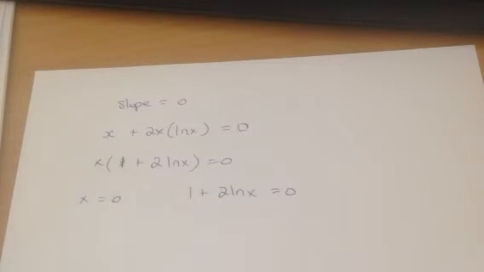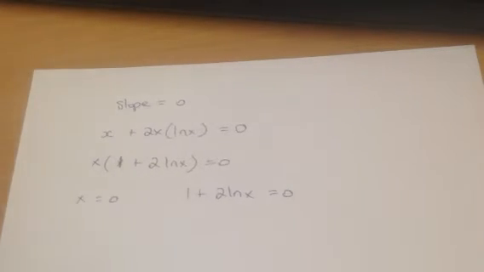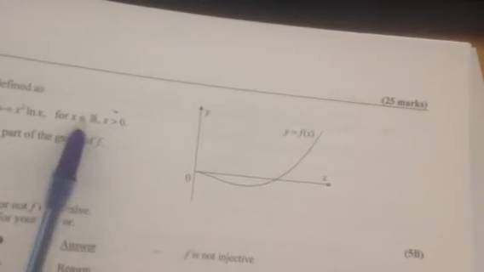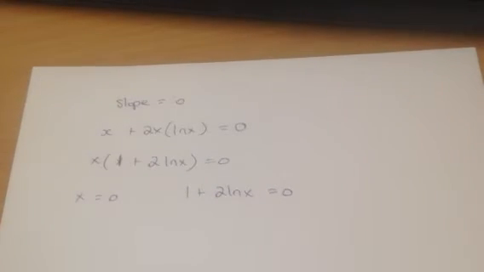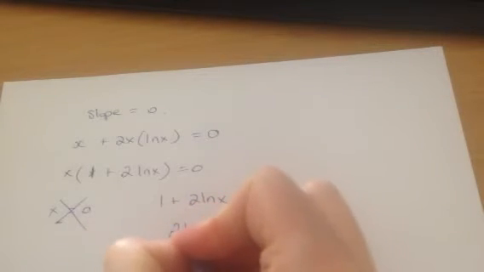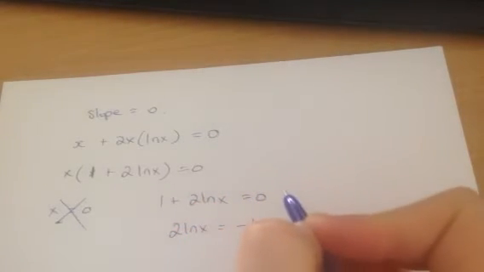Now, it says that x has to be greater than 0, because in the question, right back at the very start, they said that x has to be greater than 0. So in that situation here, x equals 0 is not a possible solution. And so I'm continuing on with this side. I end up with 2 ln x is equal to minus 1.